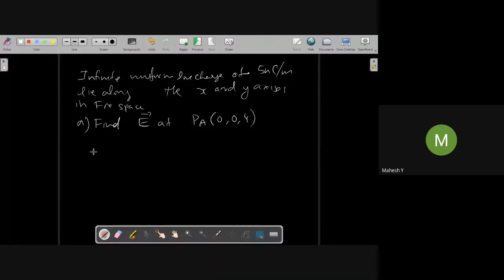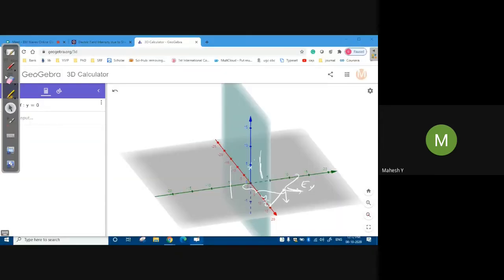Can you try to solve this one? The expression for electric field intensity is rho L by 2 pi epsilon 0 rho, a rho cap. So can you try once? The question is, two line charges are there.